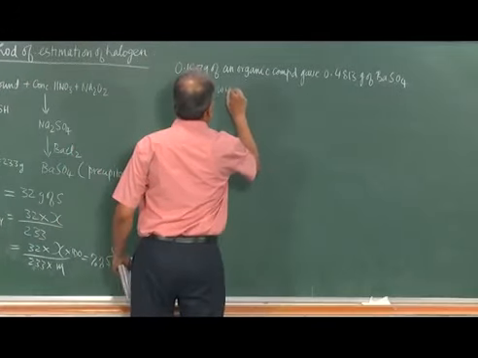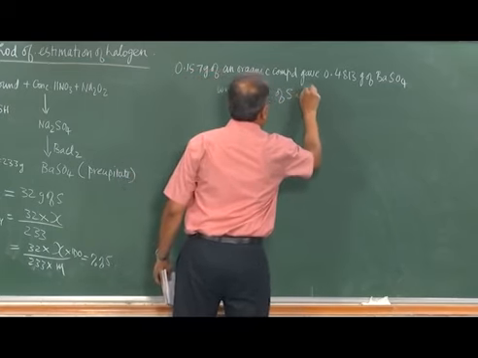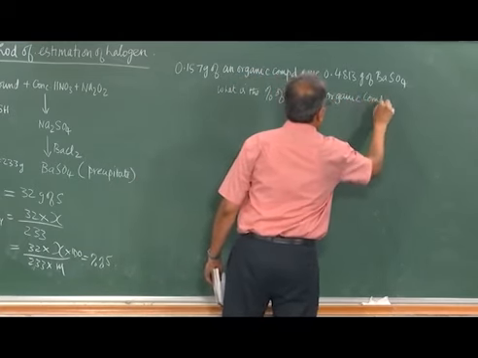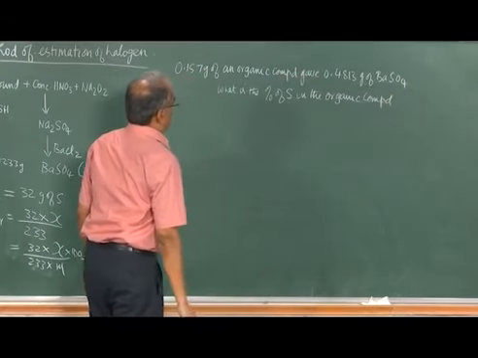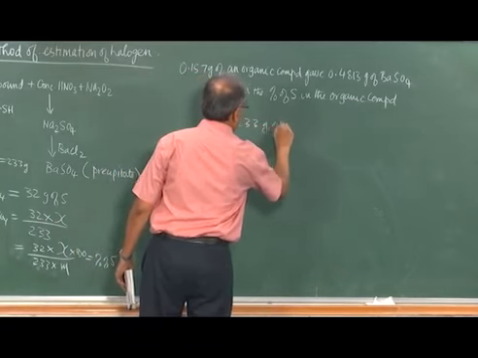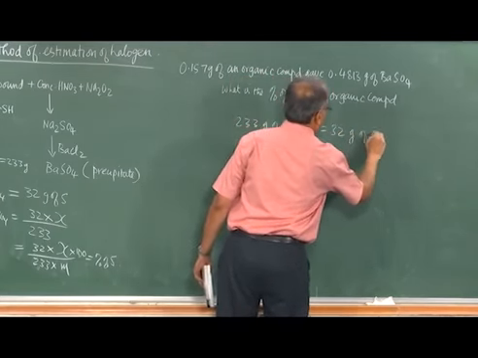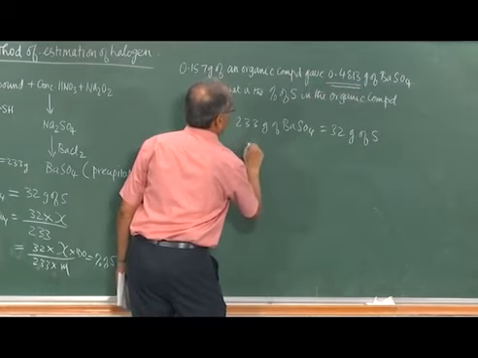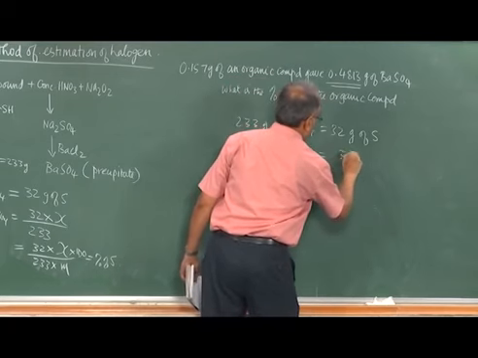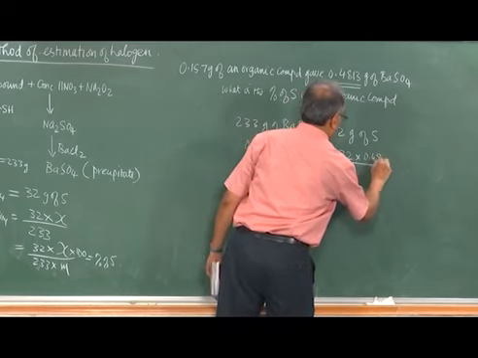What is the percentage of sulphur in the organic compound? So, you use the expression: 233 grams of barium sulphate is equal to 32 grams of sulphur. This much amount of barium sulphate, how much will it be? 32 divided by 233 multiplied by 0.4813 grams.